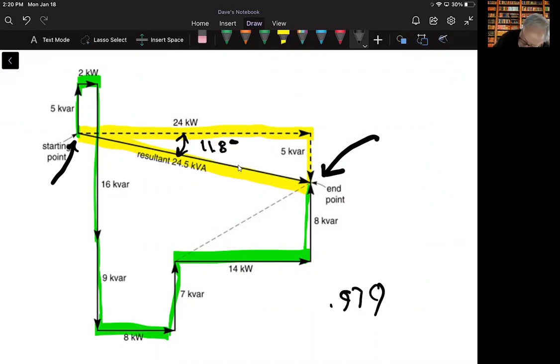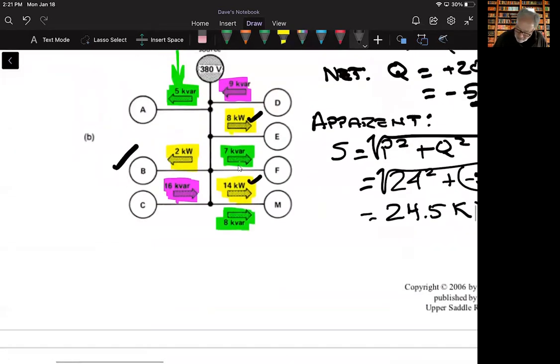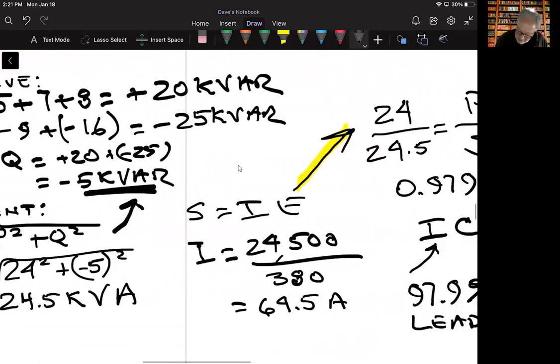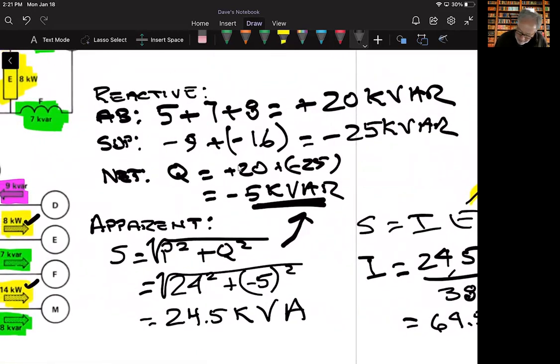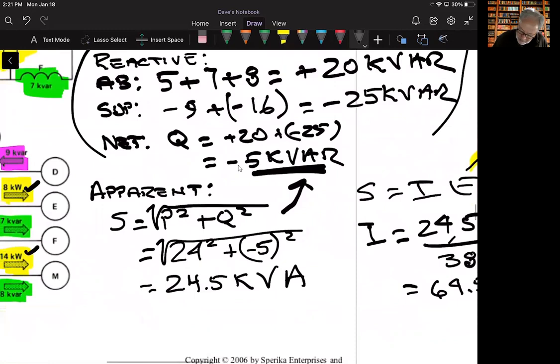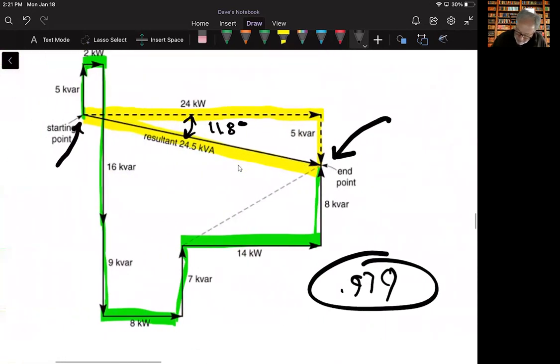Okay, so this is a graphical representation of what we did, and these are the power vectors that we have added together, which is all that we were doing in this part of this problem, where we were coming up with all these different parts. This is the graphical solution to that problem.